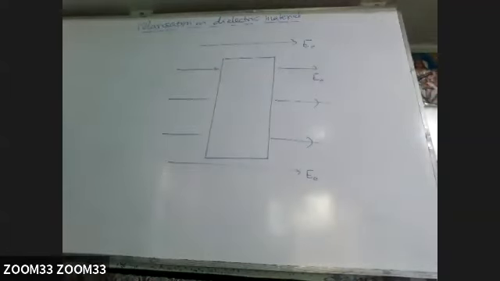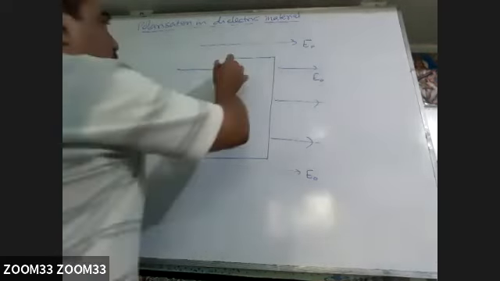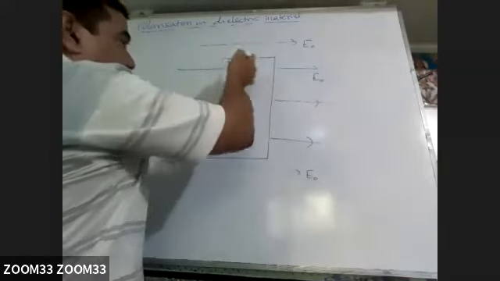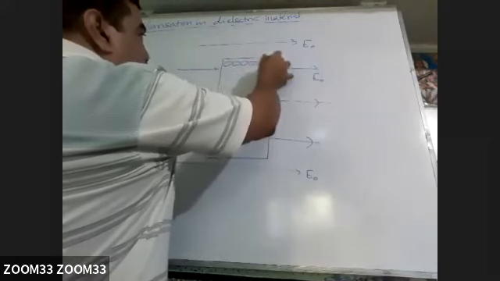Now what will happen inside? When polar compound is there, the molecules will orient themselves. Suppose these are the positions of the molecules.